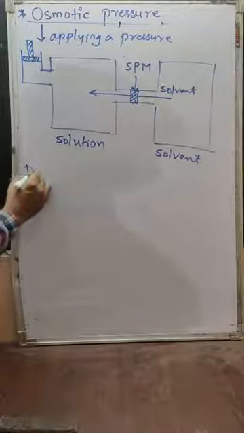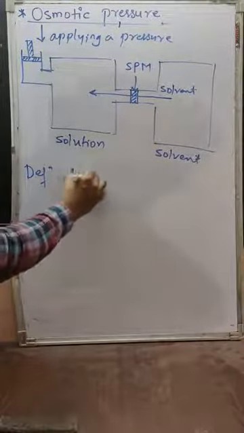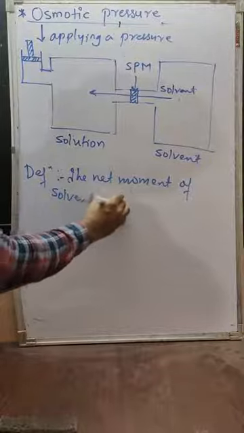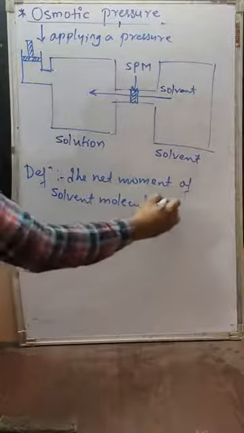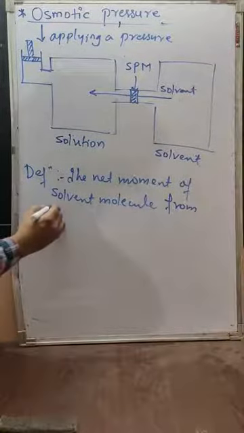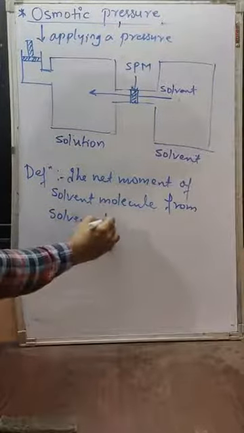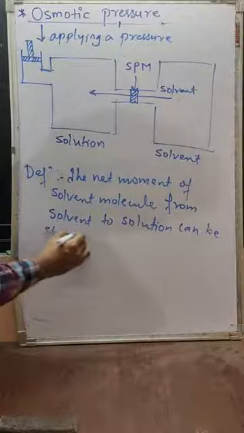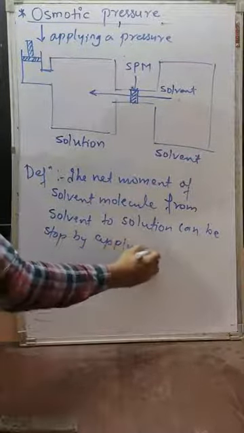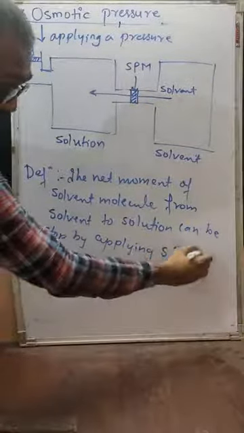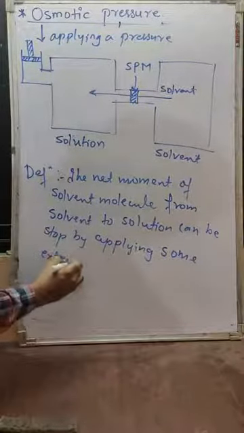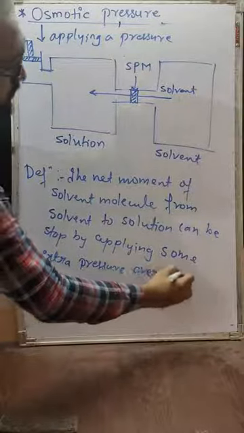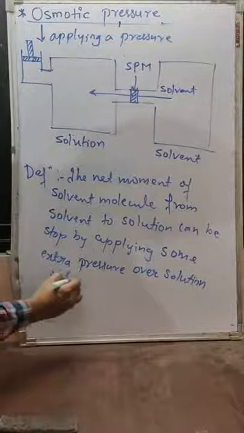So we define what is meant by osmotic pressure. The net movement of solvent molecule from solvent to solution can be stopped by applying some extra pressure over the solution side.